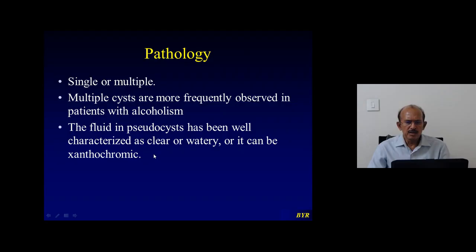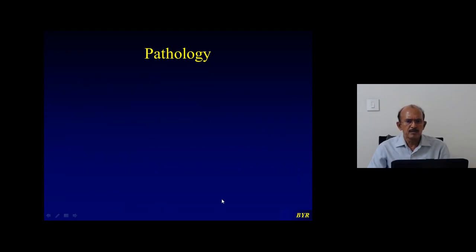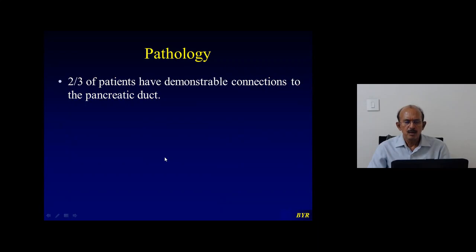The fluid in pseudocyst has been well characterized as clear or watery, or it can be xanthochromic. The fluid usually contains very high amounts of amylase, lipase, and trypsin, though the amylase level may decrease over a period of time.